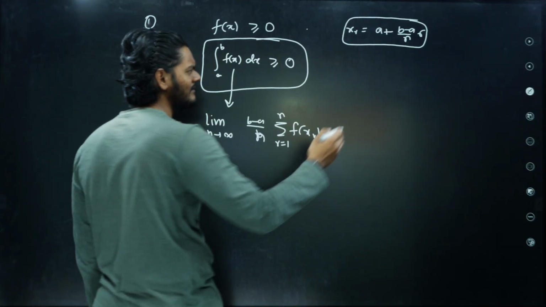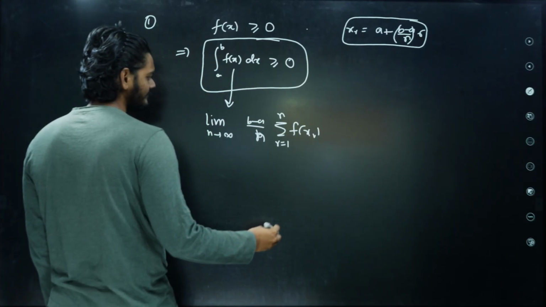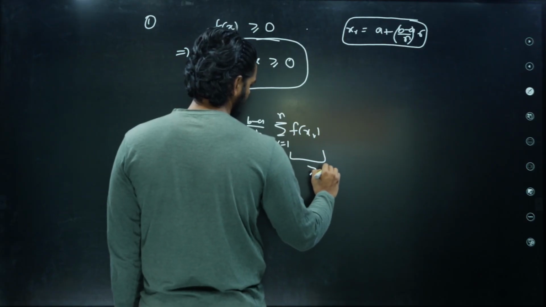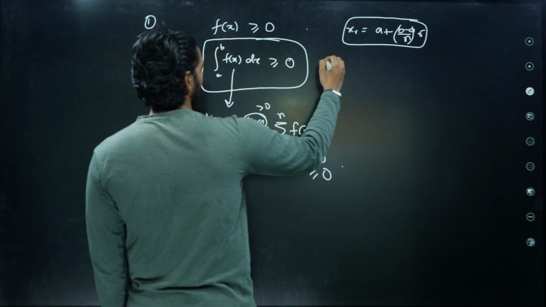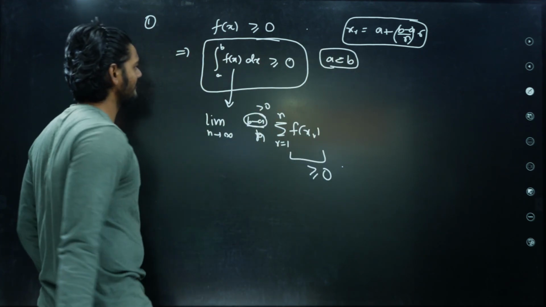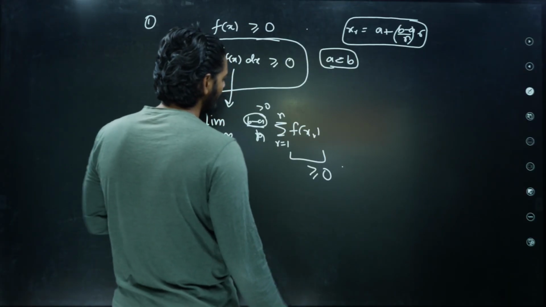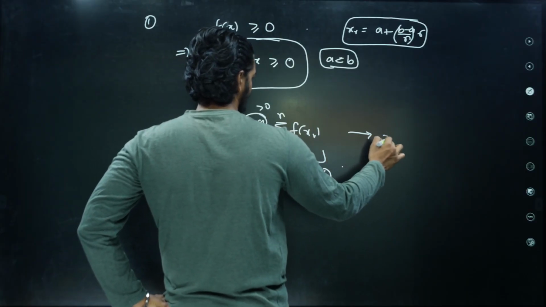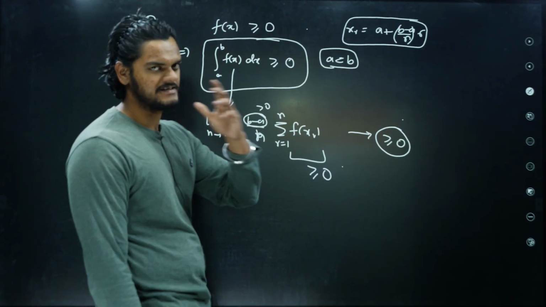That's what they would be. So this part is obviously greater than or equal to 0, and this is positive. We are assuming a is less than b. If a is less than b, then obviously this has to be positive, right? So this tends to something positive. So this integral is positive.